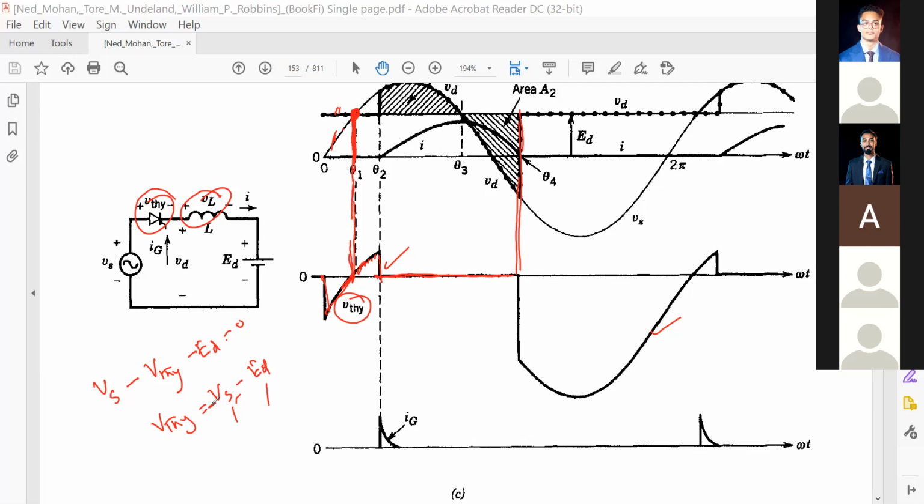Now the voltage is negative, minus VS minus ED, at the negative peak value of your VS. So that is this one. Tell me, what is this voltage? Minus root 2 VS, or Vm, minus ED, right? Yes. So this will be the peak inverse voltage across your thyristors. You understand?